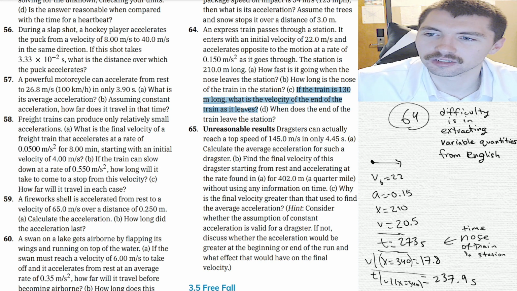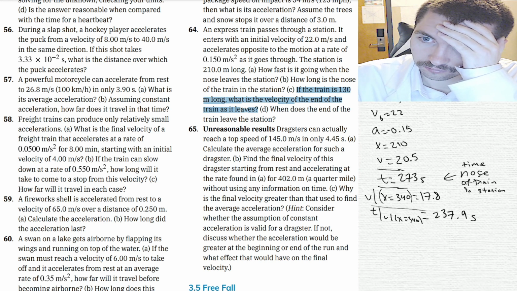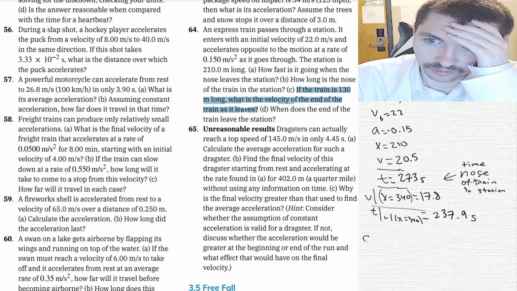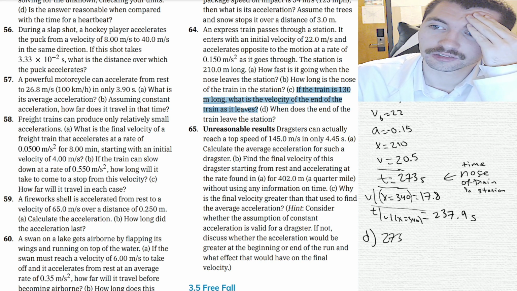So we're going to take the nose is in for this. So I'm thinking question D is going to be 273 minus 237.9. And I'm going to add that to 273.